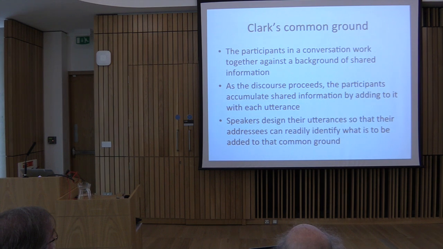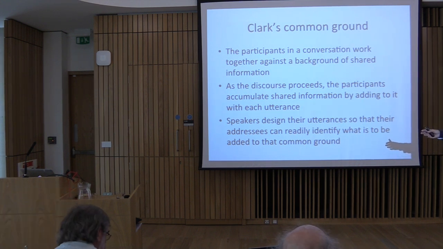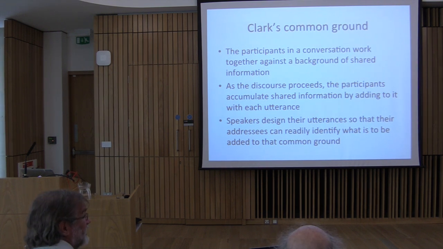And this is part of his thesis, Herbert Clark, that speakers design their utterances so they can identify what is to be added to the common ground. And there are lots of repair things. If I say that she walked in the wrong way on the street, you may not know whom I mean, so you ask, who is she? And then I have to tell you more, so you can identify this she.